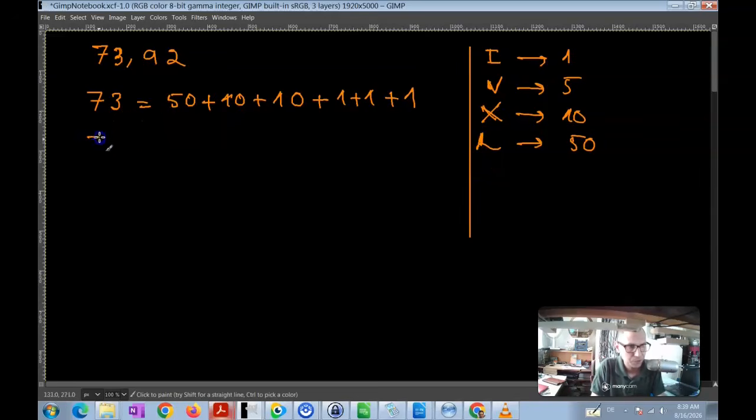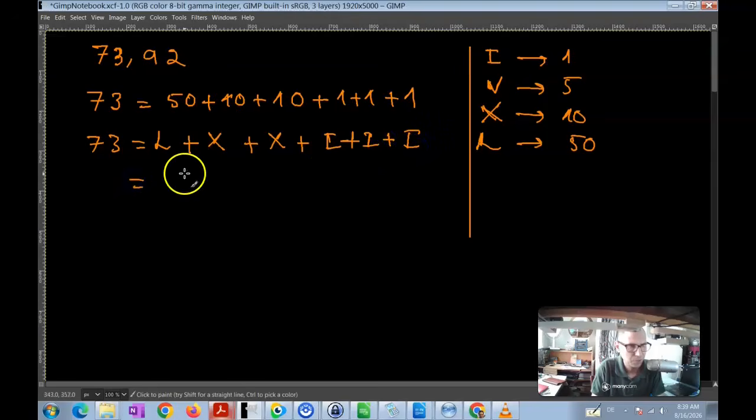So then a 73 would be the same thing as a 50. You start with the largest value symbol, which is a 50, and then you add to that a 10, another 10, and then another 1, another 1, and then another 1, which would be LXXIII, and that would be a 73.